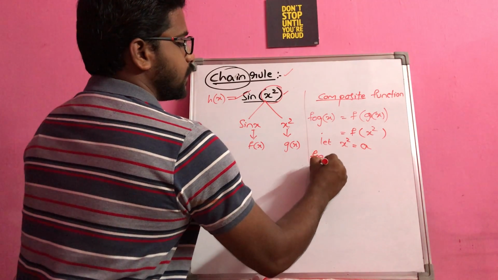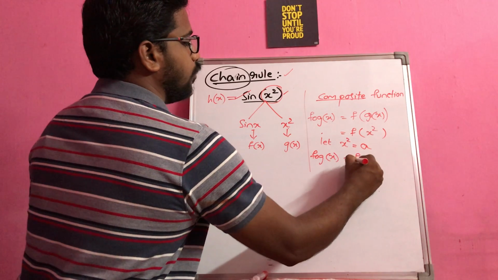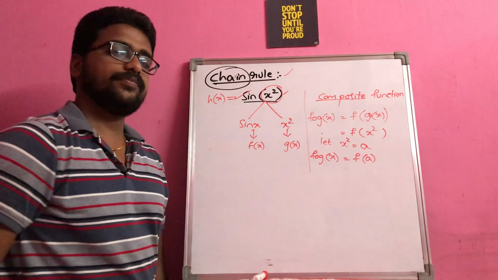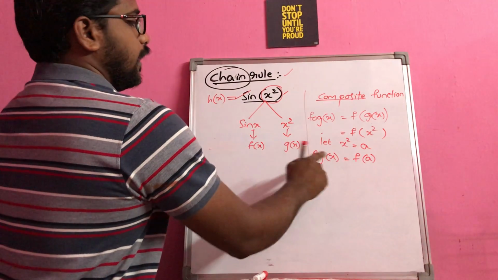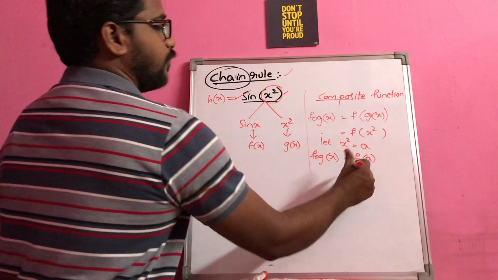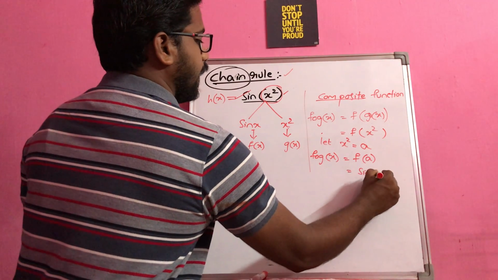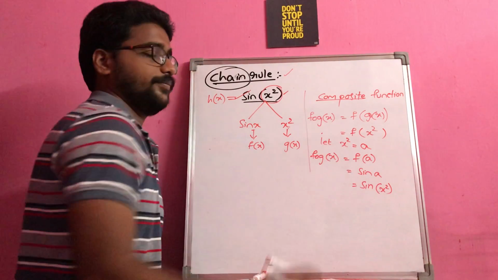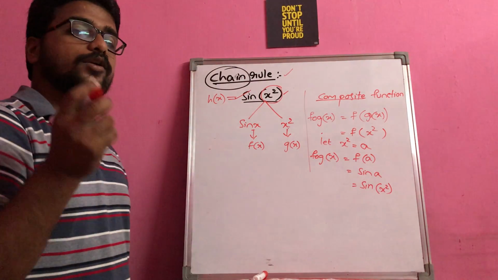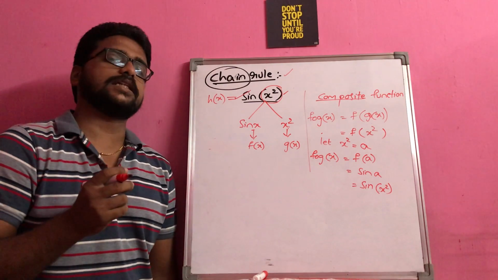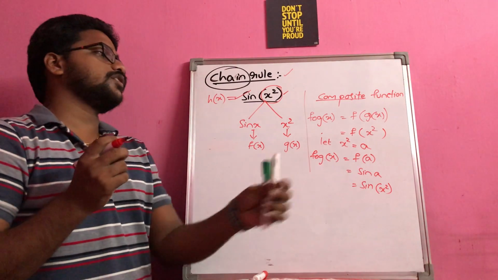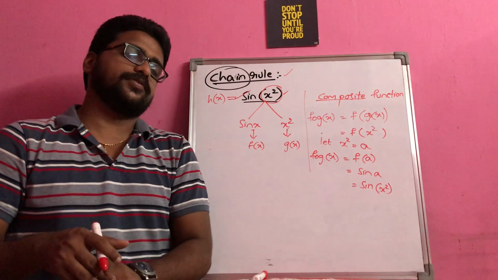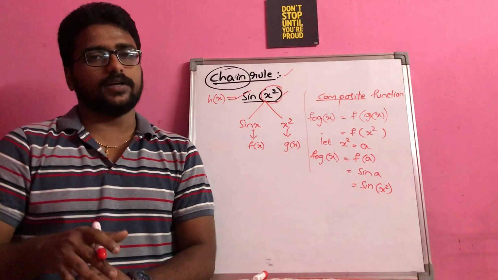That means f circle g of x will now become f of a. So f of x is sin x, f of a will become sin a. That's why it will become sin of x square here, right? So whenever you are finding the composite function, you always first look for the inner function. You have to simplify that first, followed by the outer function.